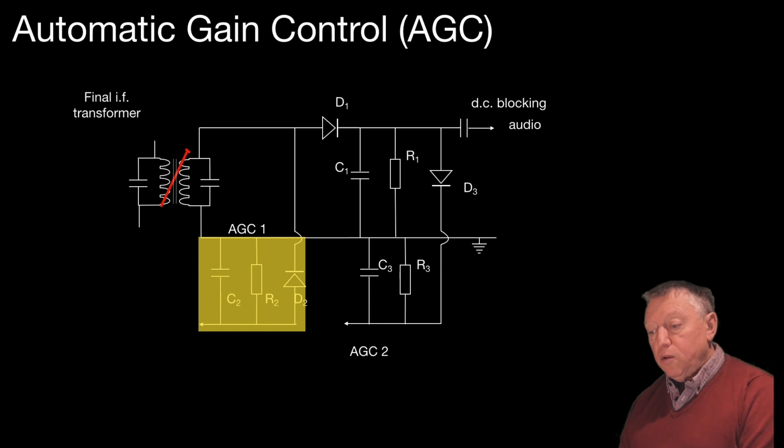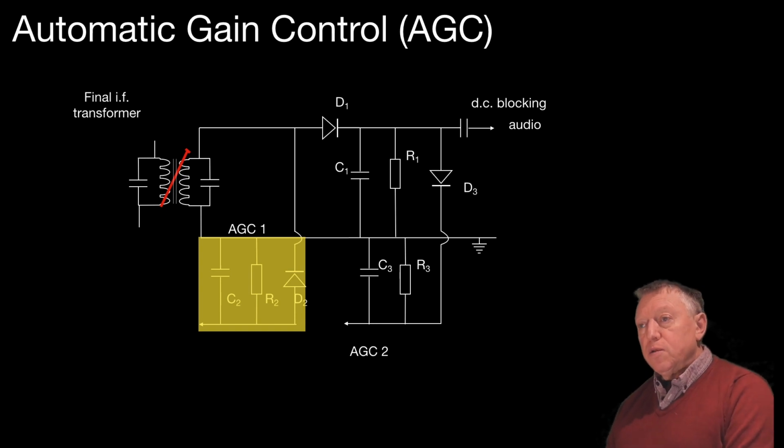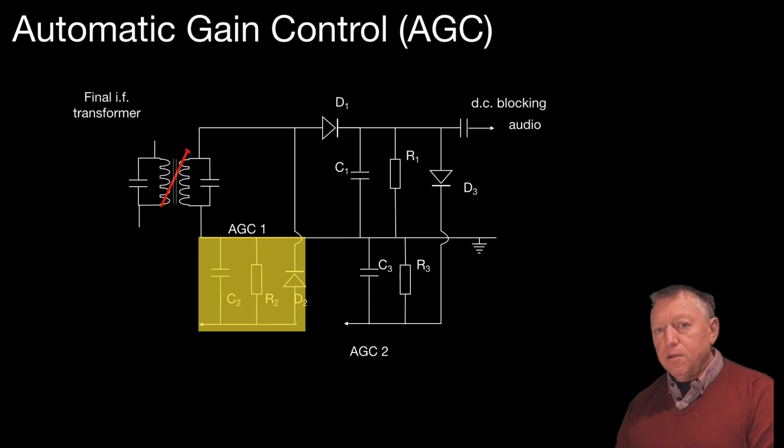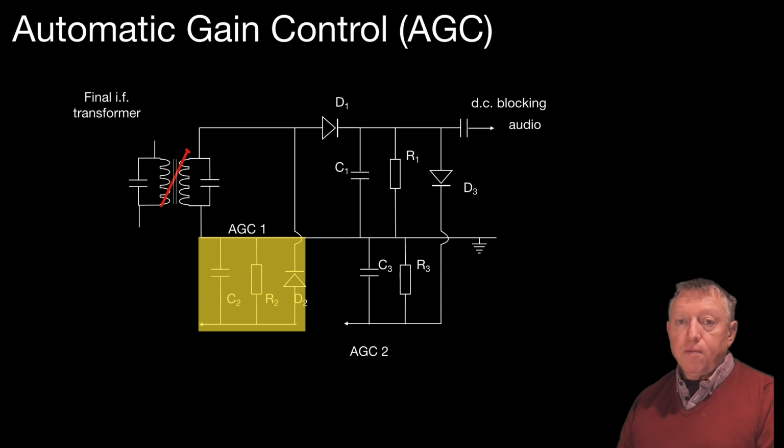Now C2R2 there would be chosen with completely different time constants to C1R1 in the previous example, because we're trying to provide variation over not individual cycles of speech waveform, but perhaps over a few seconds or half seconds.